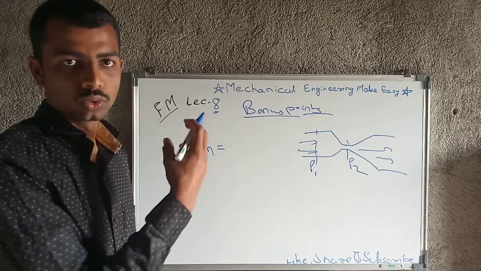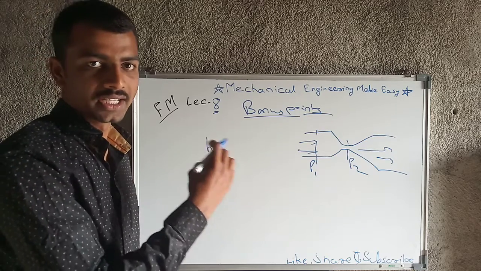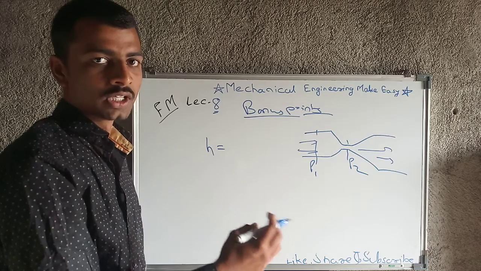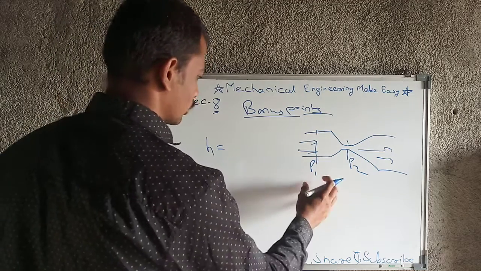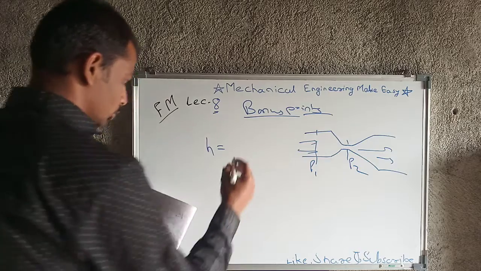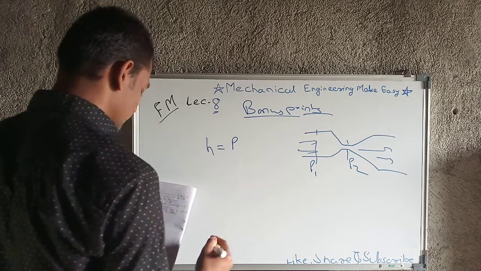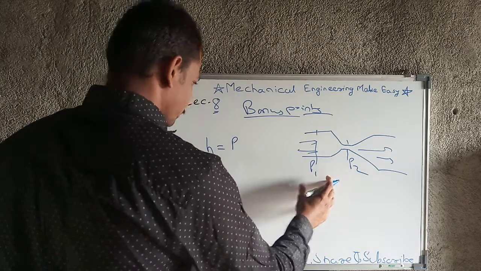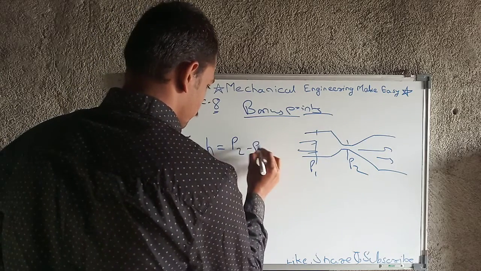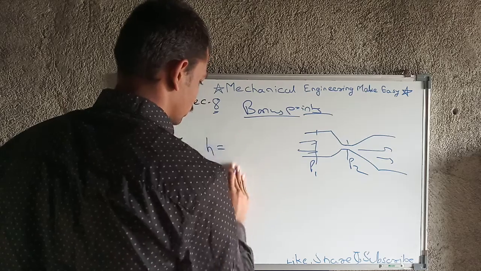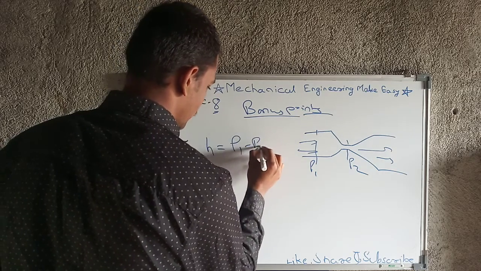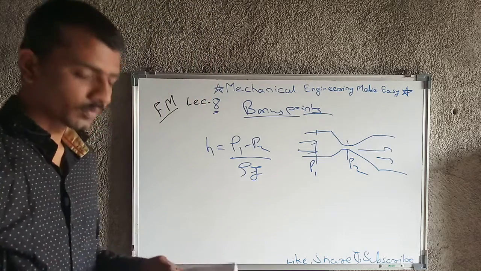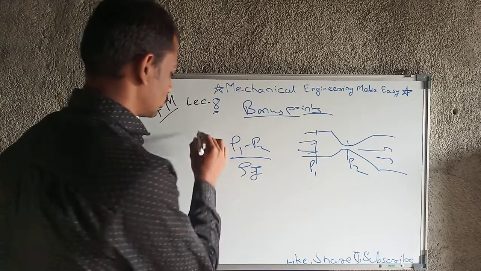CD from Q equals CD into A1 A2 under root of 2gh upon under root of A1 square minus A2 square. So that h term we are going to calculate by P1 and P2. That is nothing but P1 minus P2 upon rho g. Okay, this is as simple as that.